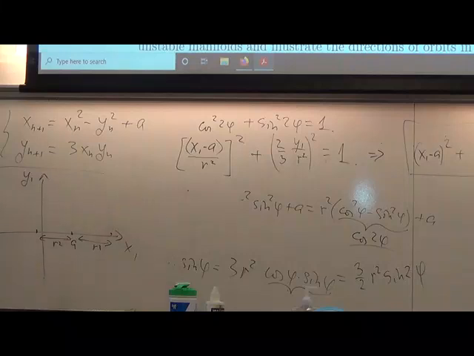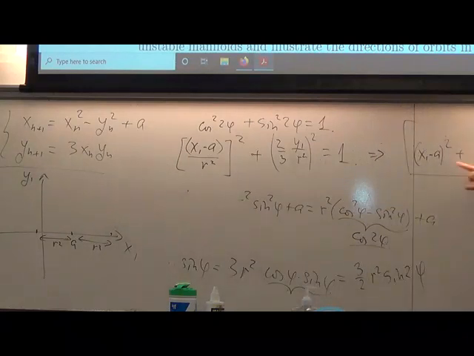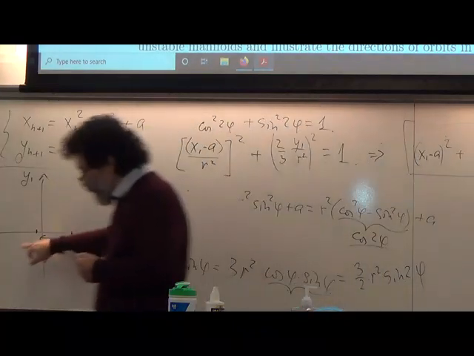Does it make sense? Because if y1 is 0, then x1 minus b squared will be r to the power 4. Therefore x1 minus b equals r squared, so here it will be plus r squared and minus r squared.